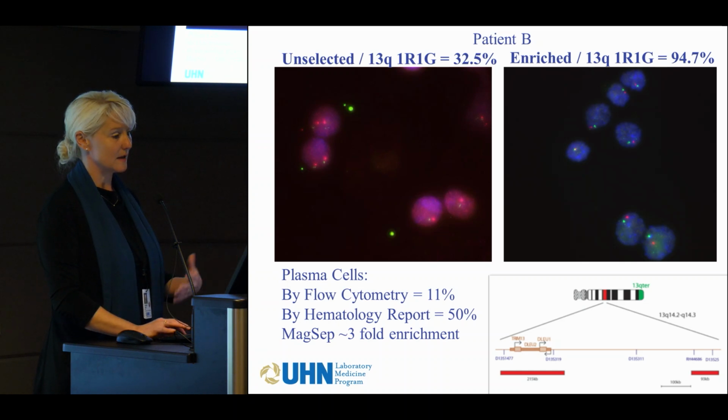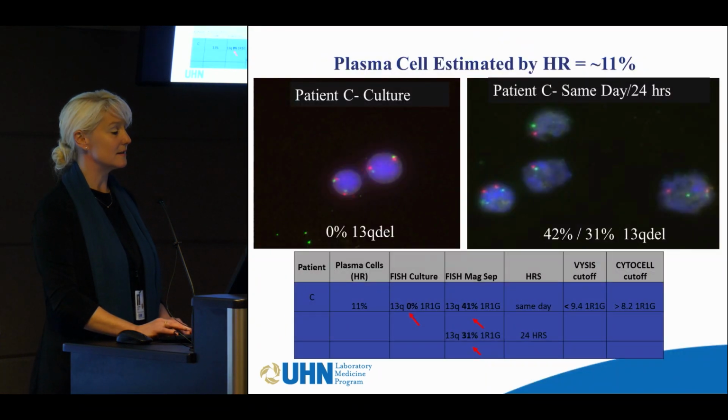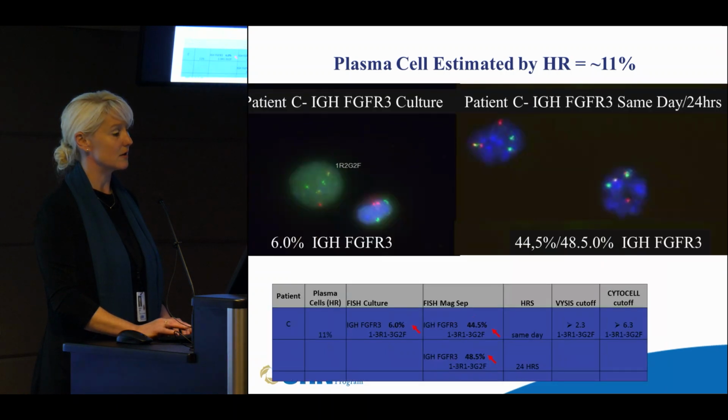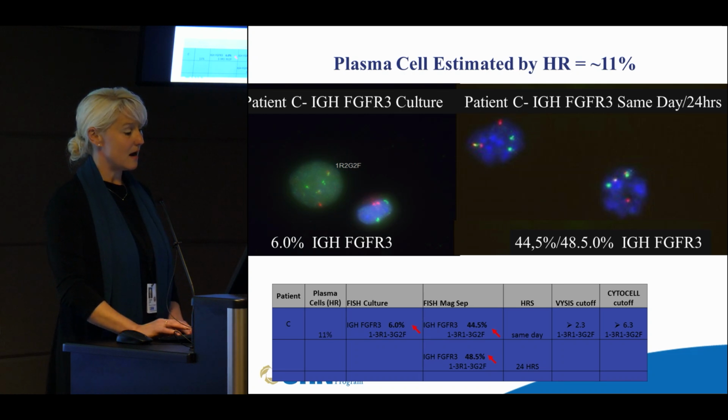So that's the sample with 11% seen by flow cytometry. Here's another example of a 13q deletion we detected. However, this was not found within the culture. Here's the IgH FGFR3 translocation. This was detected within the culture, 6%.